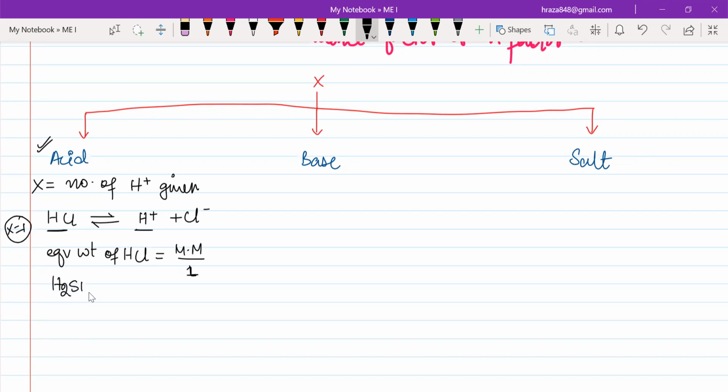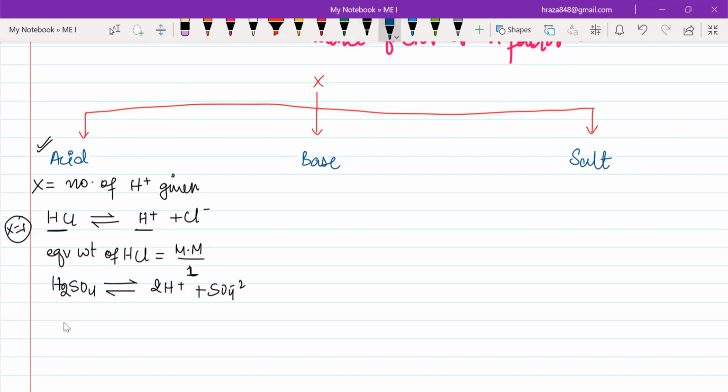If you are going to calculate the X for H2SO4, can anyone tell me how many H plus H2SO4 will give? Two. It will give 2H plus and SO4 minus 2. You just need to dissociate it and balance the equation.